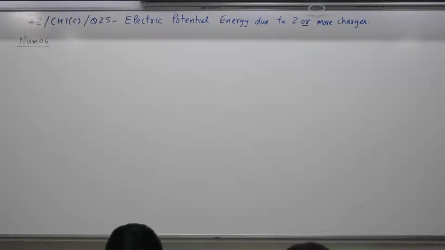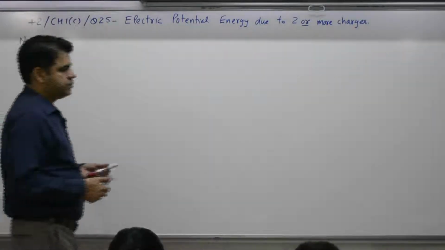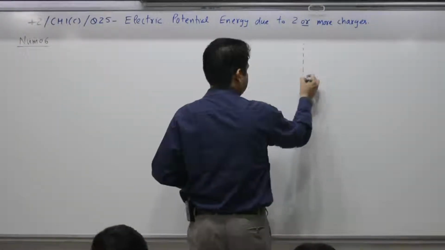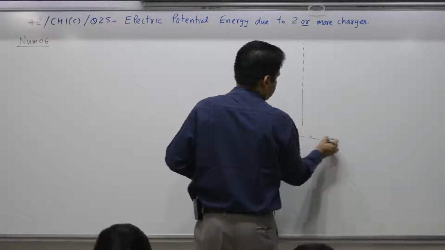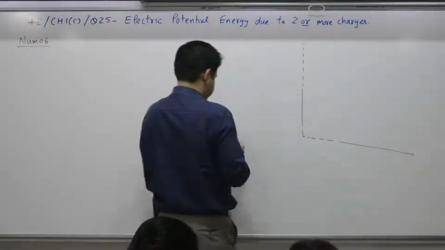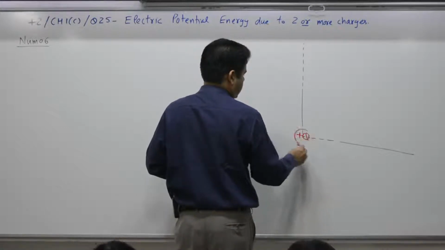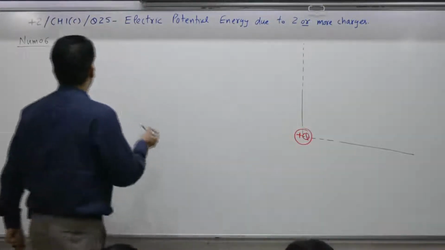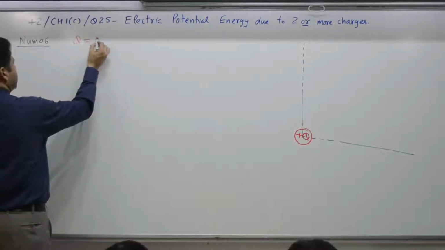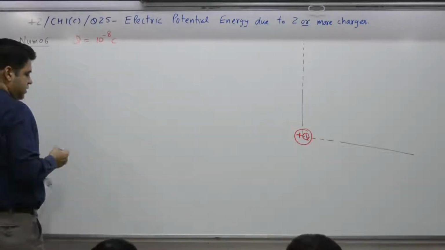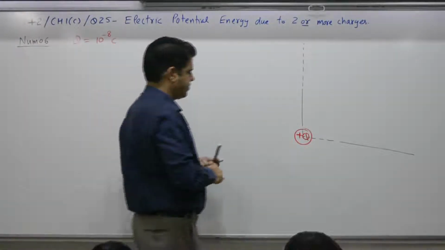Two minutes with you to try. Draw a diagram. There is some charge Q given. How much? 10 raised to power minus 8 coulomb. There are 2 points.